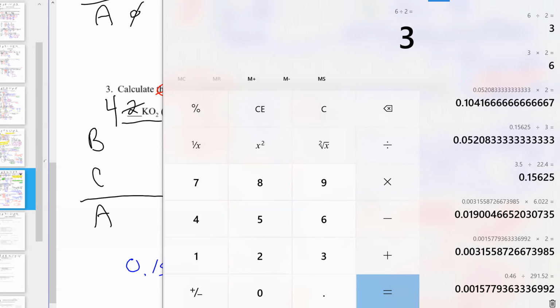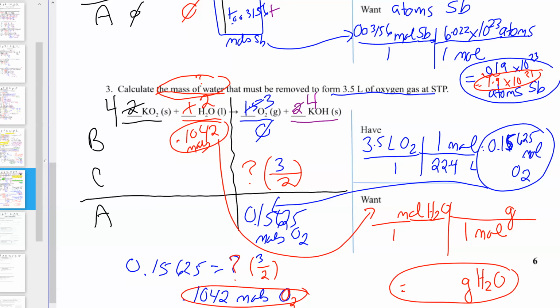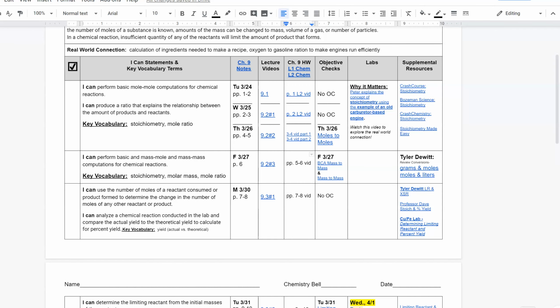Uh-oh, something went wrong. Let's try that again. 0.1042. Oh, now I lost my calculator. We're struggling today. So here's my calculator.